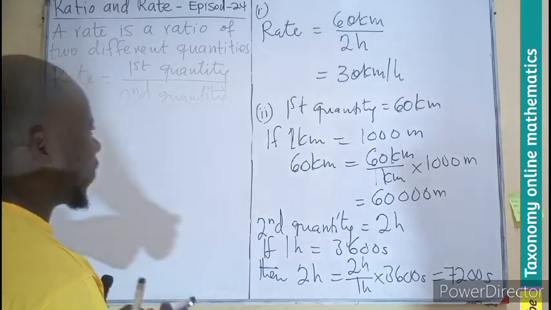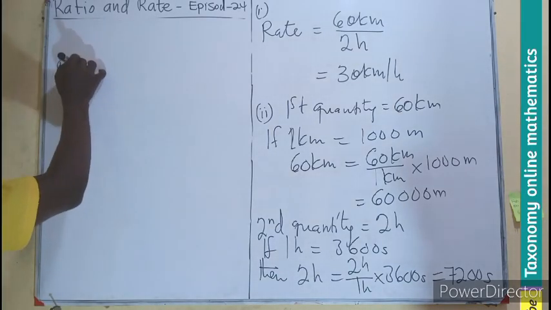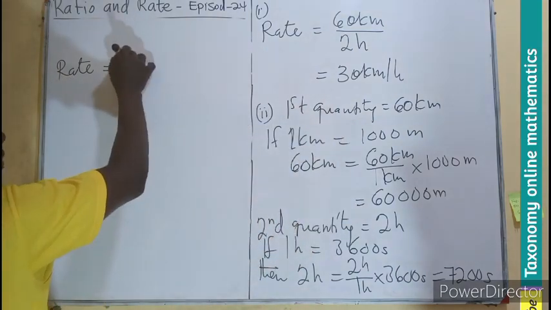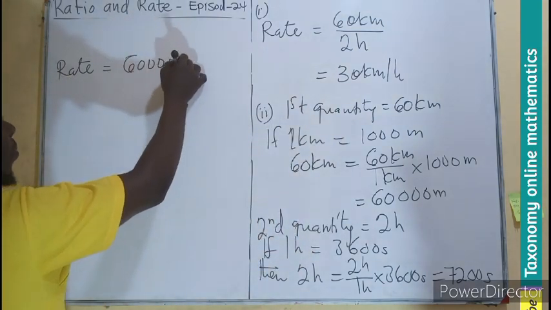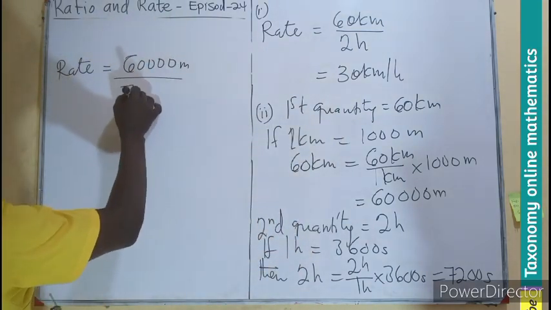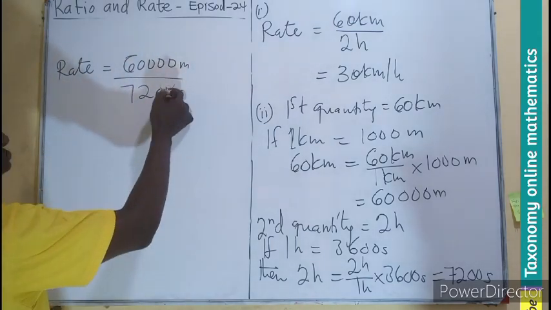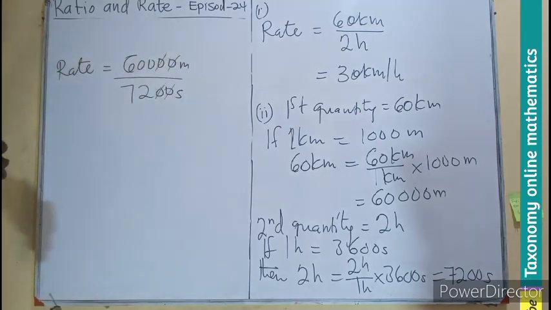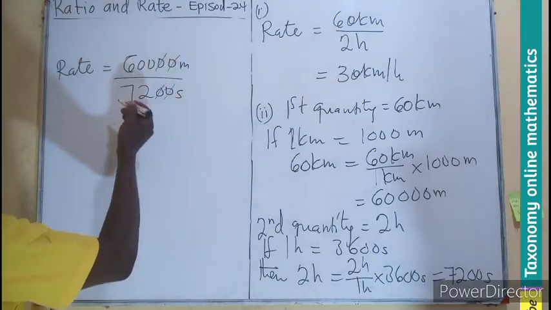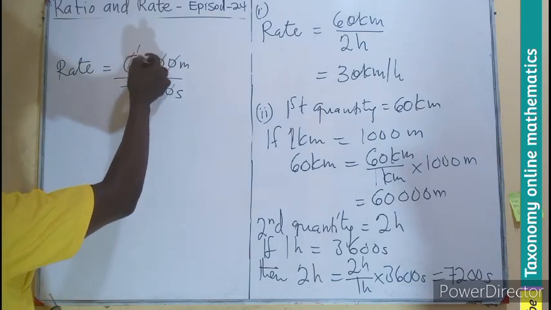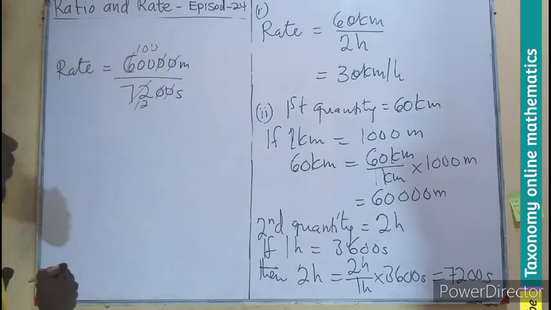So now we can find the rate of the motorbike as the first quantity, which is 60,000 meters, divided by 7,200 seconds. I believe the two zeros will cancel these two. If you go further, 6 goes into 12 two times, and 6 goes into 6 once, that is 100.